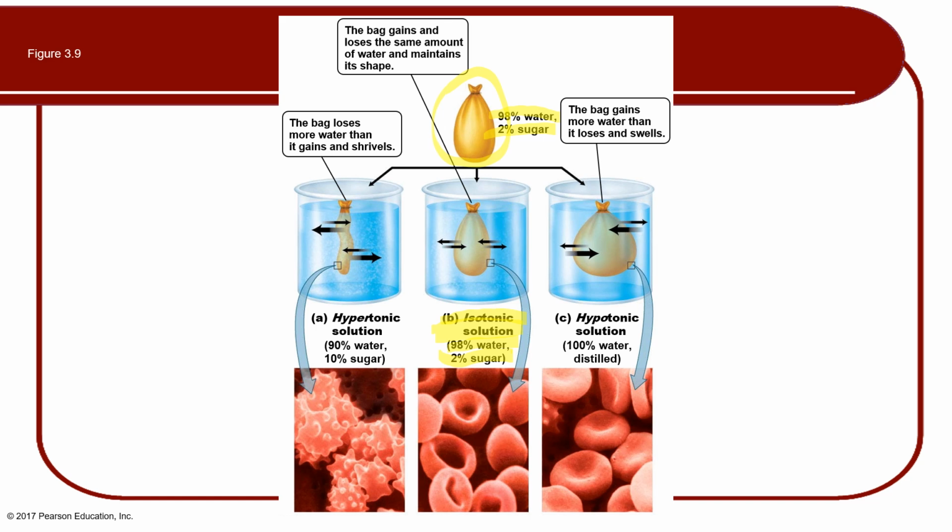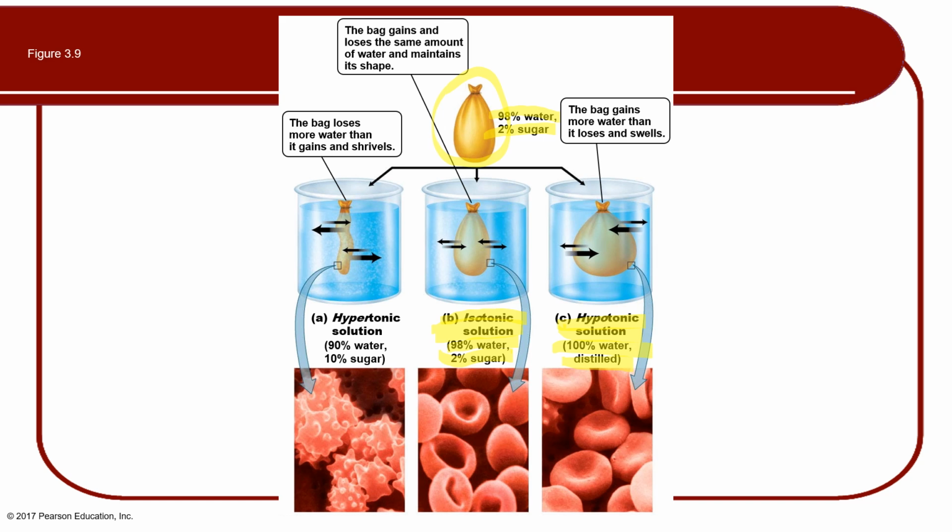However, if we put that same bag in a hypotonic solution, in this case the solution we're putting it in is 100% water. Remember, inside of the bag was 98% water. So there's more water outside than inside, so water is going to move into the bag, and you can see how the bag is swollen up in this picture.